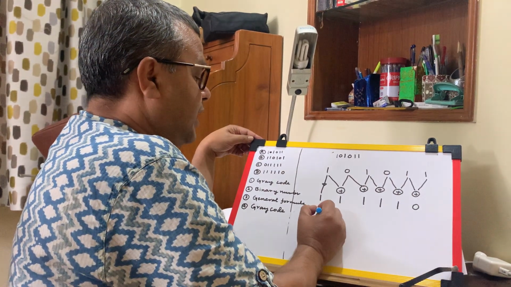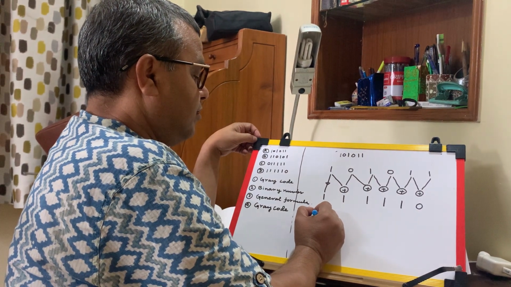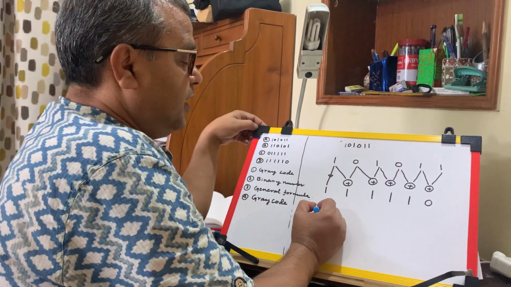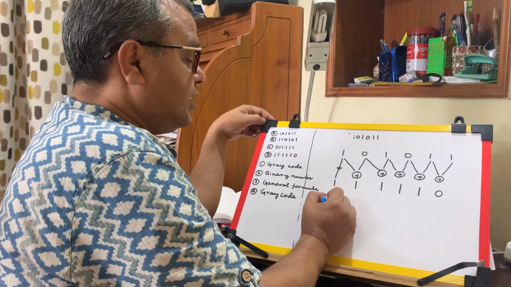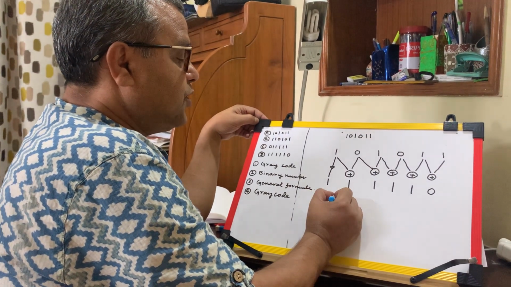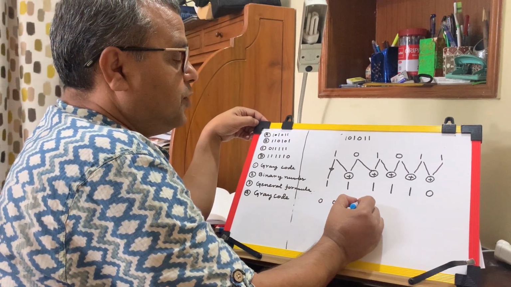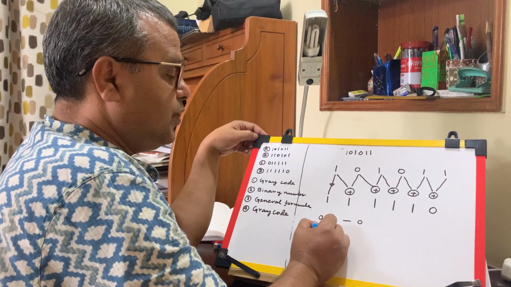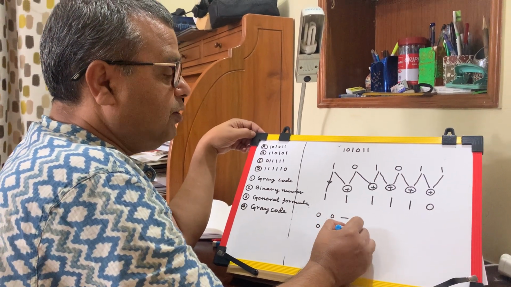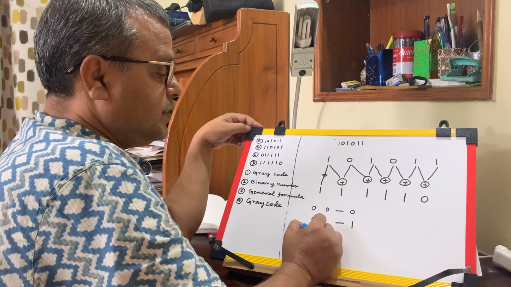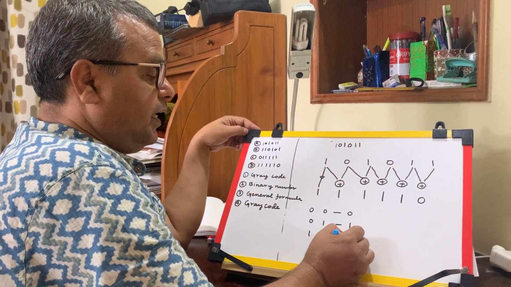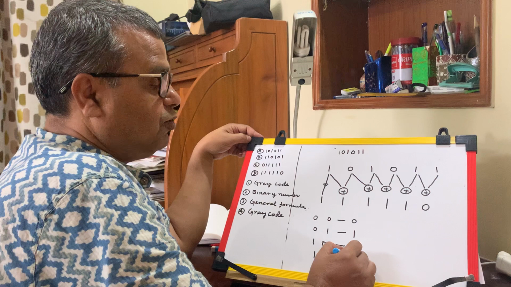Let me recall the functionality of XOR. For a two-input XOR, with inputs 0 0 the output is 0. If only one input is high, then the output is high, and if both inputs are high, then the output is 0.